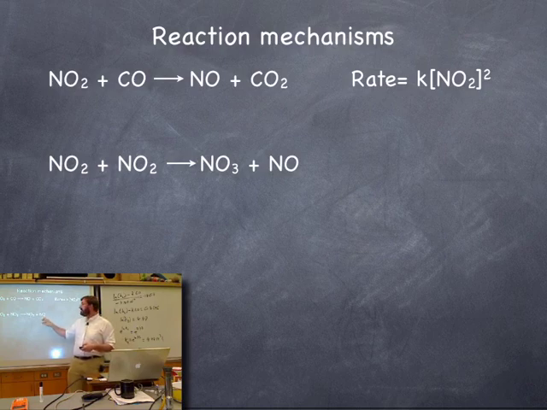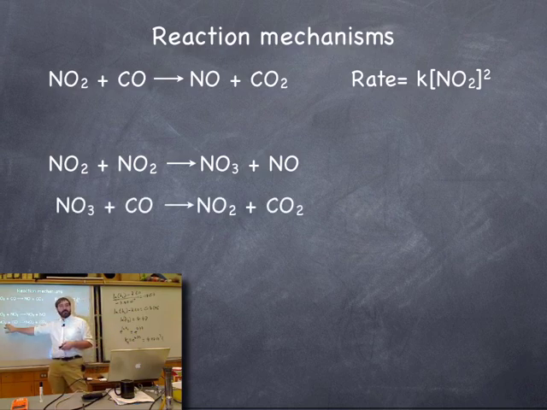And then it looks like the nitrogen monoxide molecule reacts with the carbon monoxide. So because the actual mechanism, the way that the reaction happens, involves these intermediates, it is these elementary steps that we need to study if we want to truly understand why the rate law is what it is.